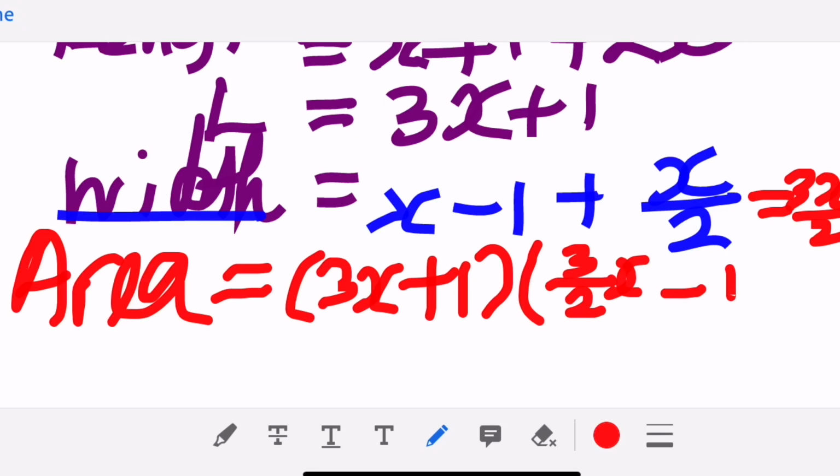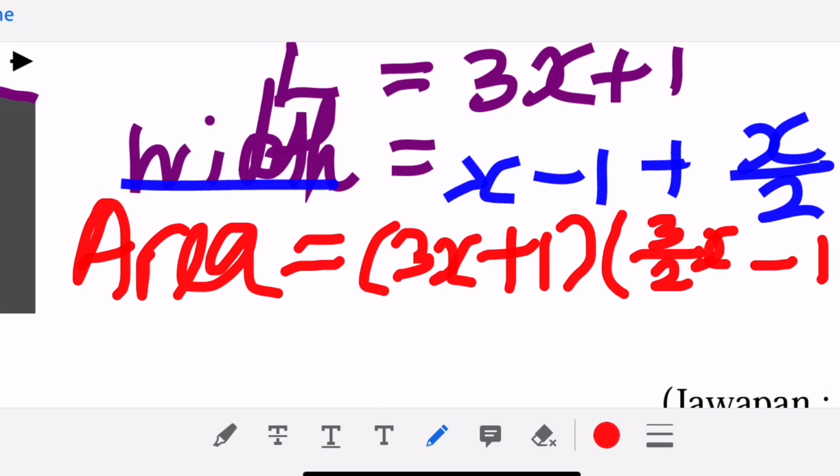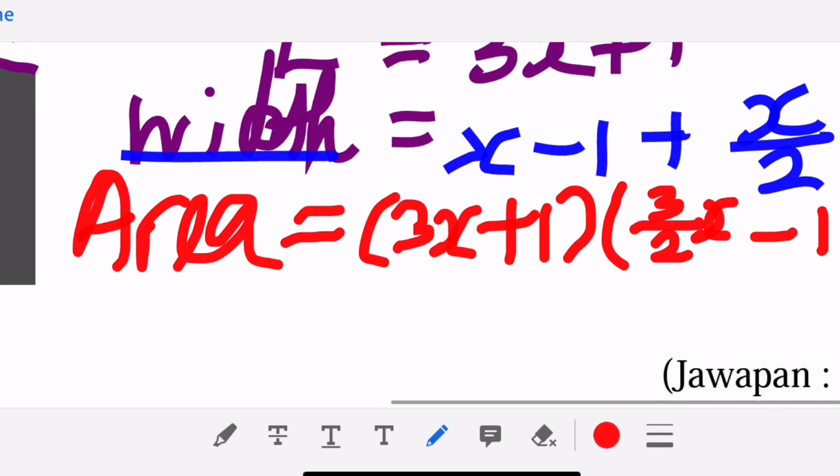So now we have the width, which is 3 over 2x minus 1. The next step is we have to expand, so we will multiply. We'll take 3x times 3 over 2x. Understand? You try on your own first before we discuss here.